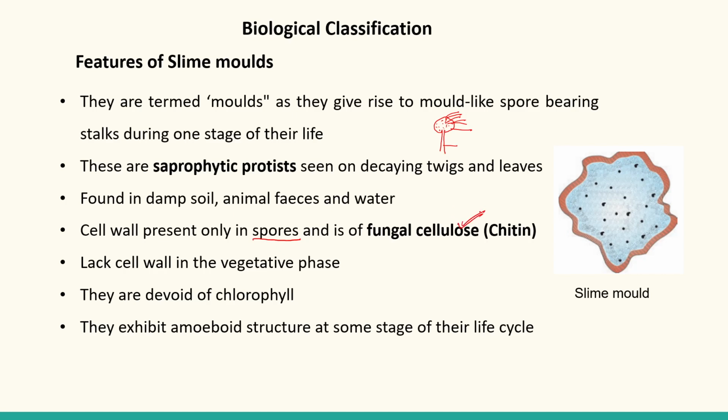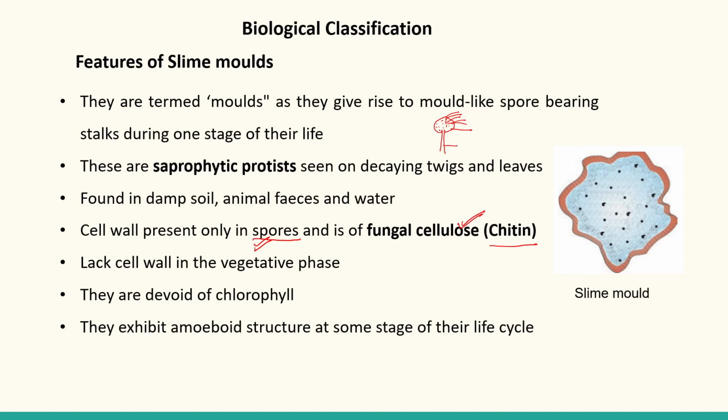The cell wall of fungi is made up of a special type of cellulose called chitin. In slime mold, the cell wall is not present in normal adult slime molds. When the slime mold forms spores, only then is this cell wall present.